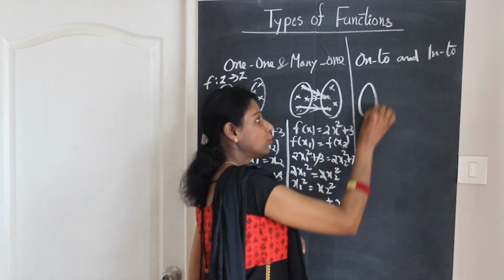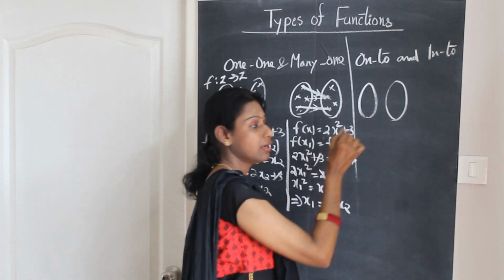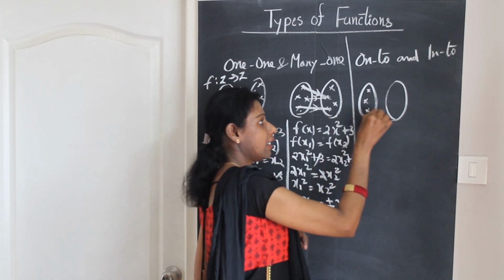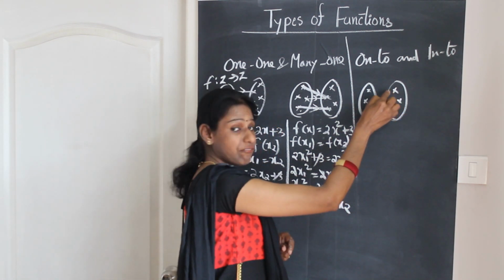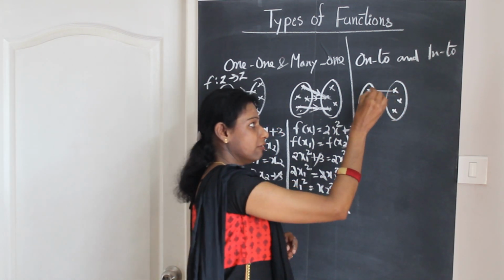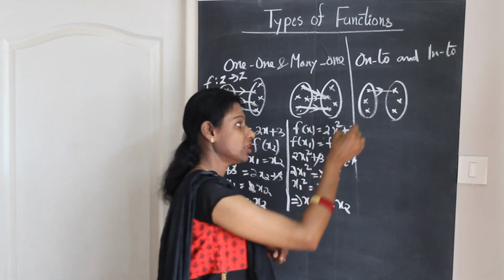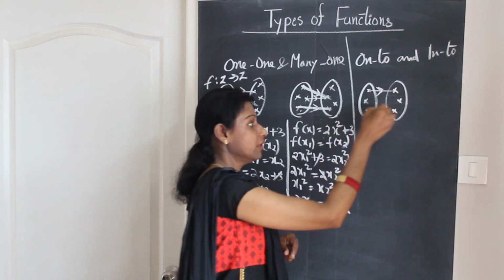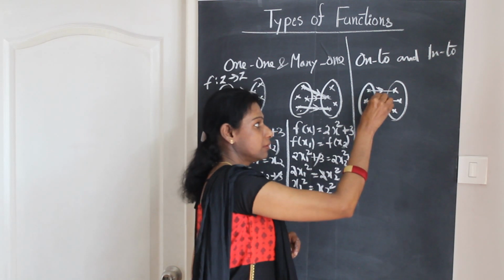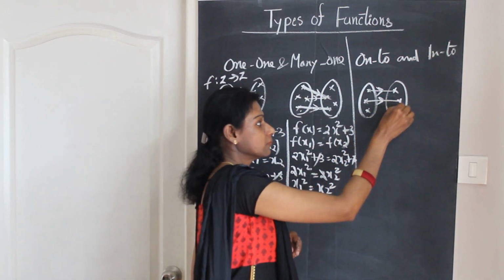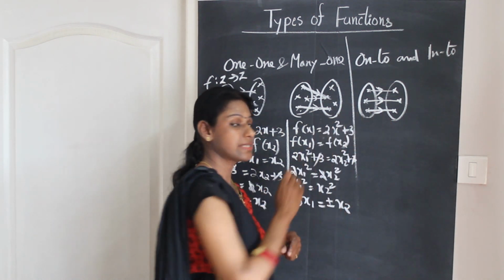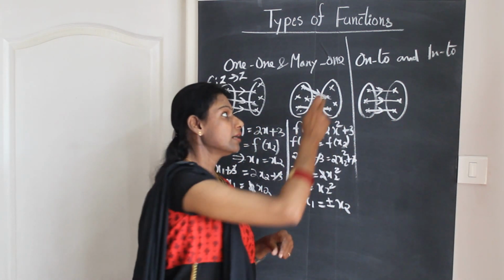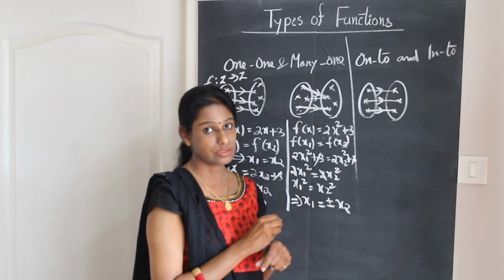So for an onto function, whatever elements are there in the codomain, each and every element must have a pre-image in the domain. So like this. In this case, it is known as an onto function.